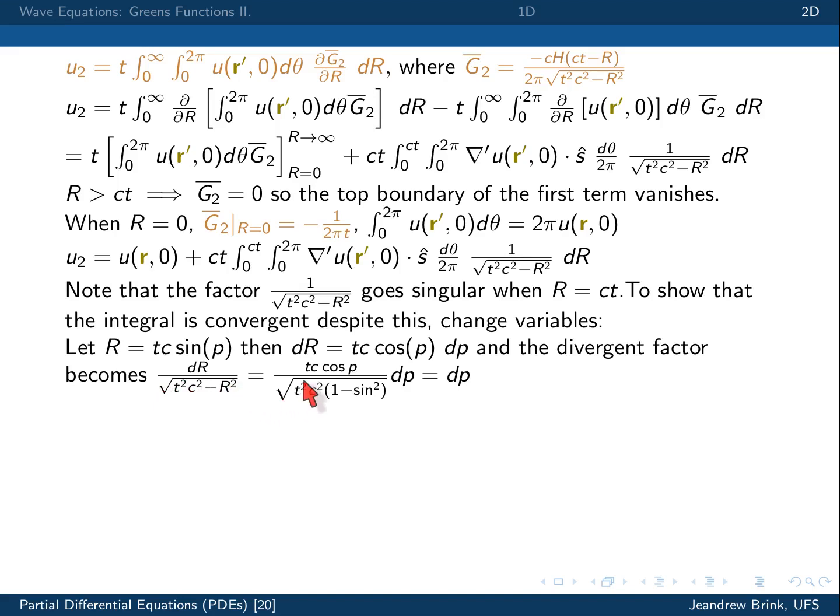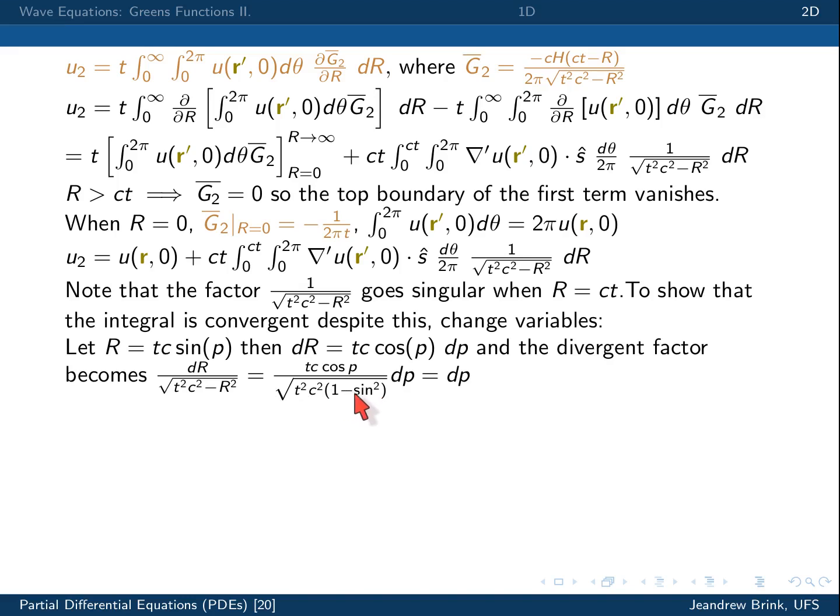That's simply dr, which is now this thing, over the square root, and we can replace r squared with t squared c squared times sine squared of p.